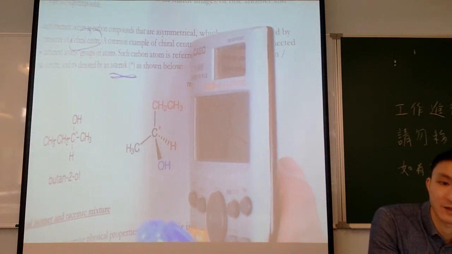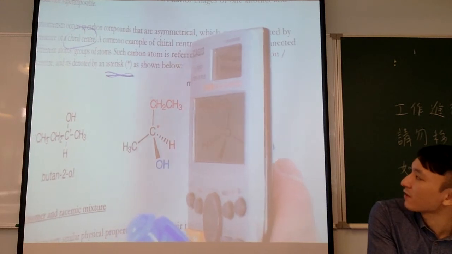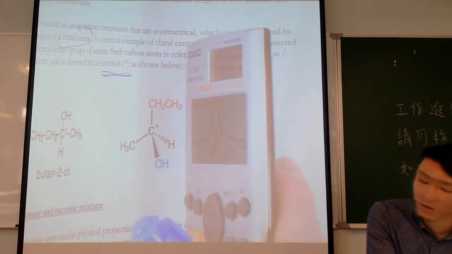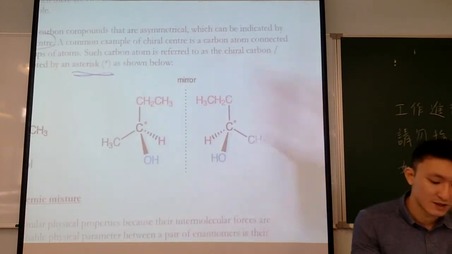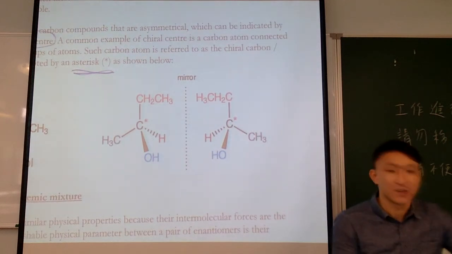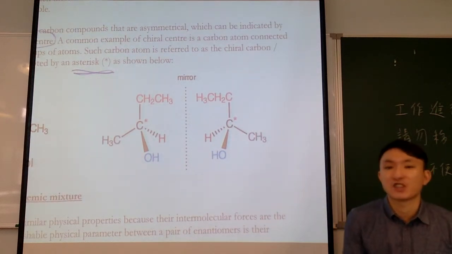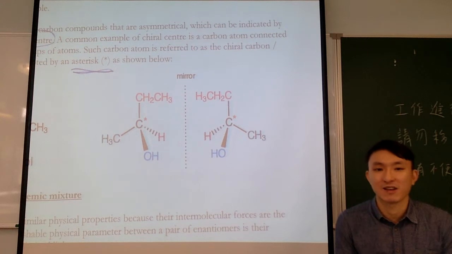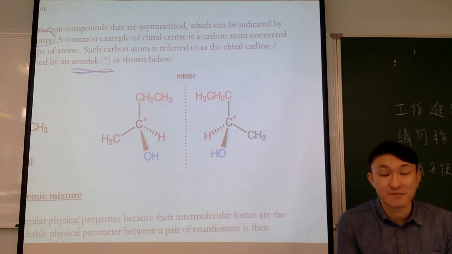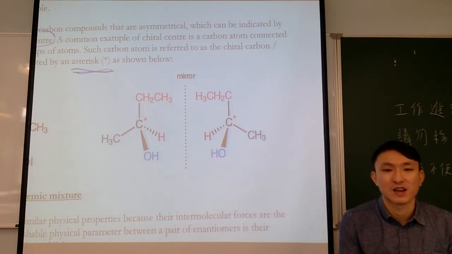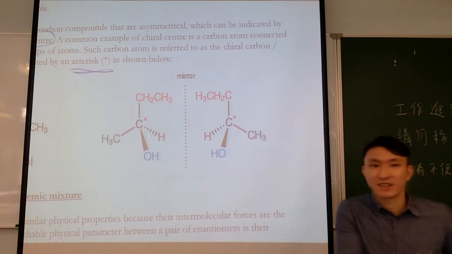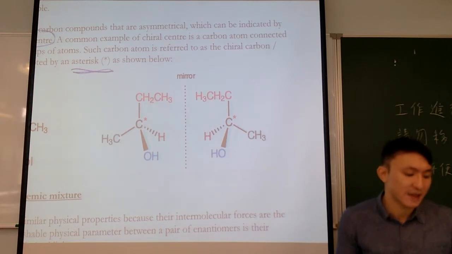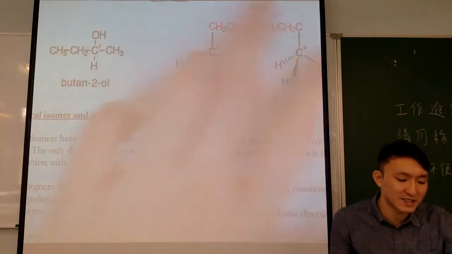Not very clear from the screen, but I do see it from my calculator. And what you're going to do is just copy this one, then that would be the answer. But of course, my suggestion is you know how to draw it without a calculator, without a mirror. But well, this is a trick which you can use in the exam because the calculator is available.